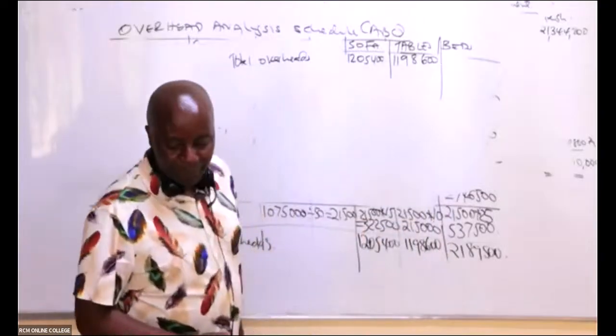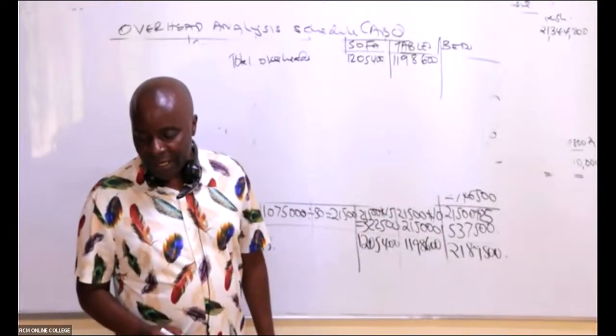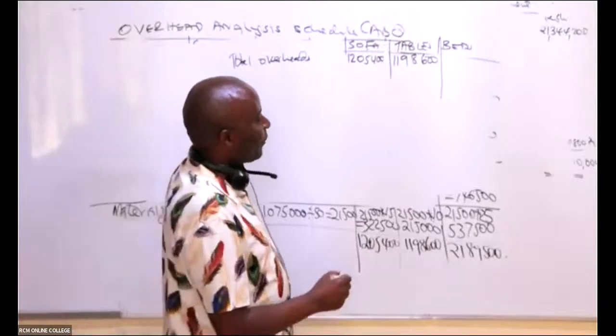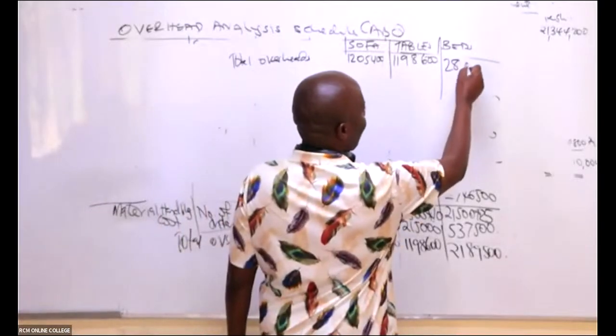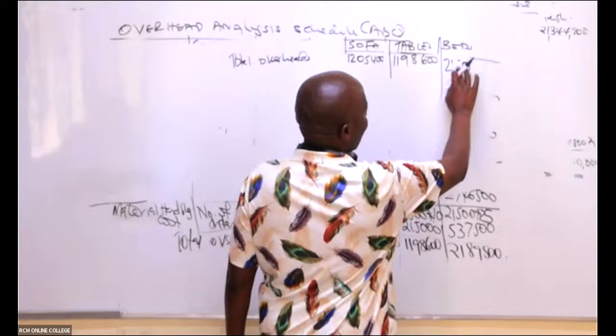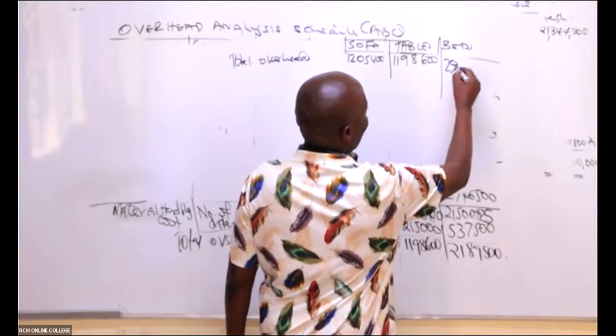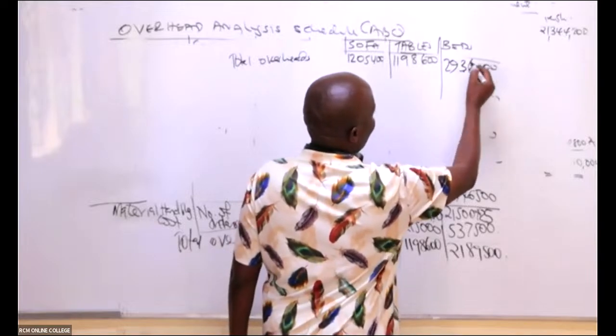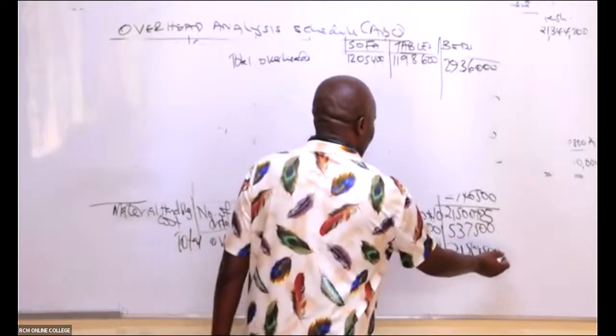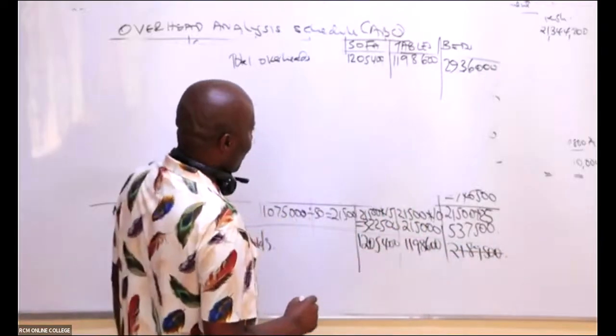No problem. The last figure, 29,36, 289 or 29,000. So please correct this figure. Madam, you can just check where you went wrong.